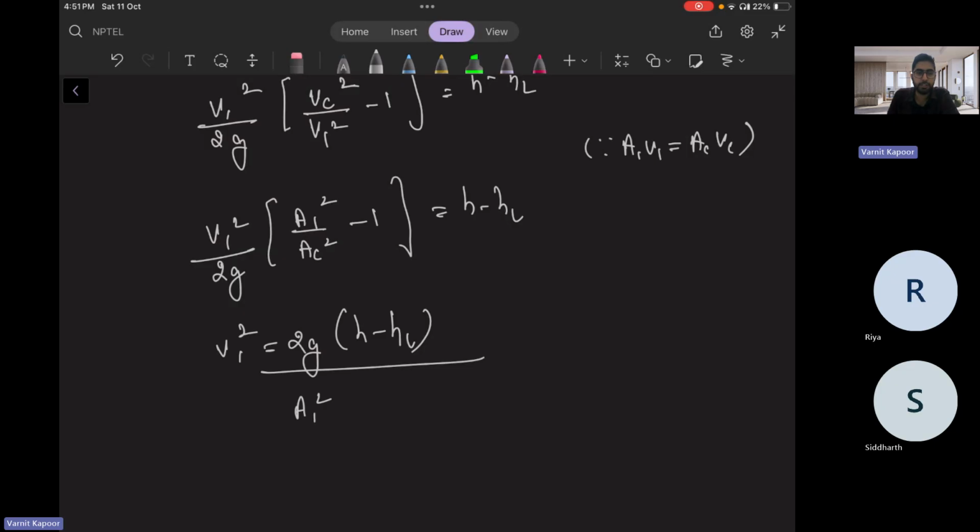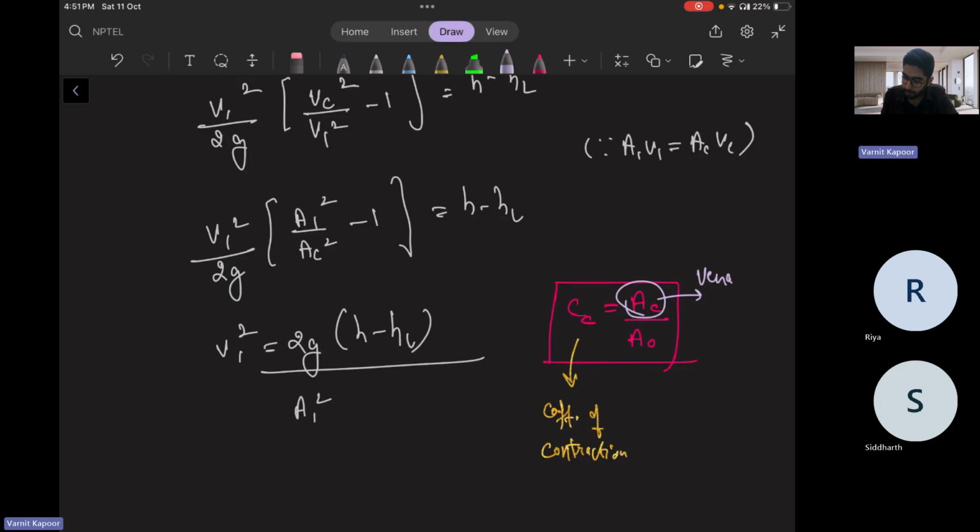and this AC, there is a coefficient of contraction that will come. CC is nothing but AC by A naught, where CC is your coefficient of contraction, AC is your area of vena contracta, and A naught is your orifice area.